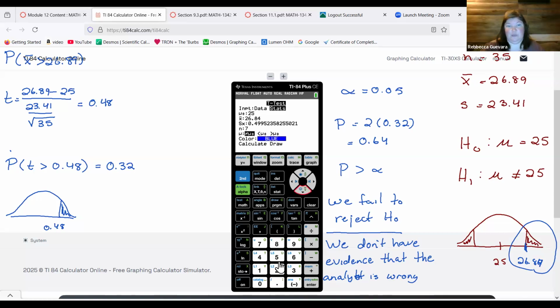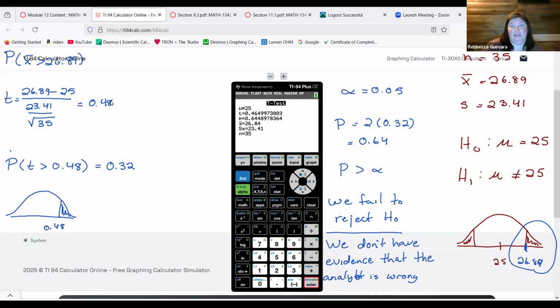The standard deviation from our sample was 23.41. That large standard deviation is why we ended up failing to reject the null hypothesis. We have 35 as my sample size, and once again, I'm doing a two-tail test.